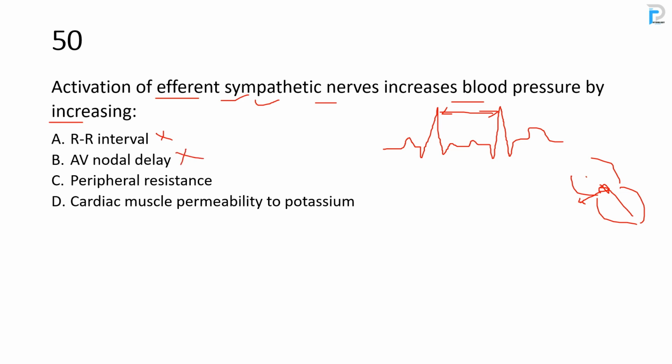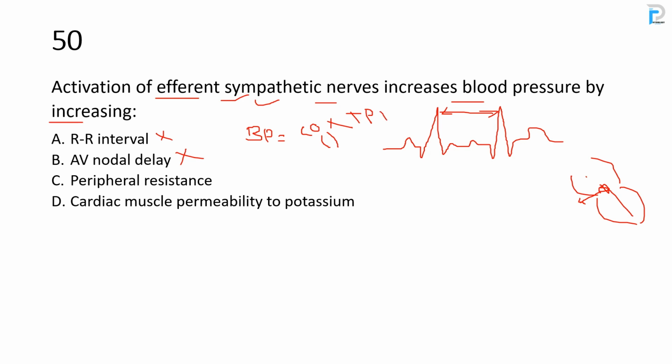By increasing the peripheral resistance. Peripheral resistance refers to the resistance of the arterioles; mainly arterioles contribute to peripheral resistance. As peripheral resistance increases, blood pressure increases. Blood pressure is determined by two main determinants: cardiac output and total peripheral resistance.